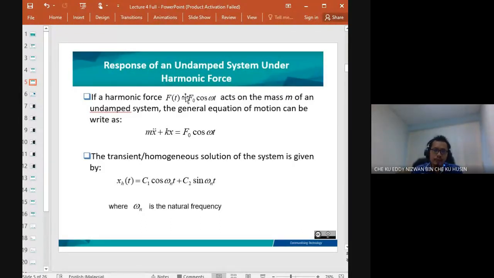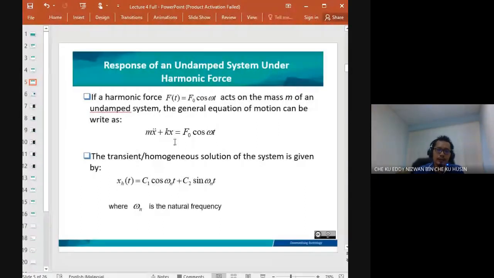A higher force, of course, can produce a higher displacement, because it is related to the deflection. And then there is also omega here, which represents the frequency of excitation, the speed of excitation, which refer to the same meaning.